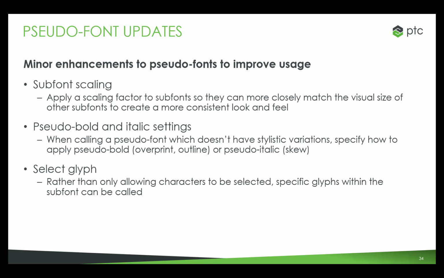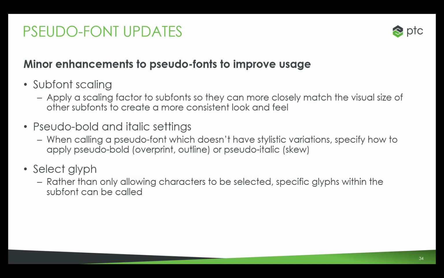This was suggested by a user on the communities page, on the ideas page in the community, and so this hopefully will show you that we do actually listen to you and want to provide features that you're asking for. We've also allowed you to specify how pseudo bold and italic gets applied if you haven't got a variation of those things within your pseudo font.